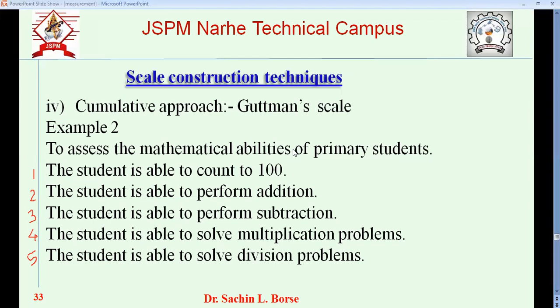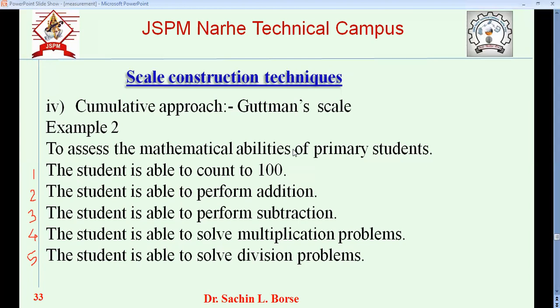Only when you create the statements and arrange them in such a way that if I pick any statement, like the third statement, then the statement itself and the previous statements should be correct. So here the skill is creating the questions, statements. That is the skill. It is a little difficult, but you can try and create some example.